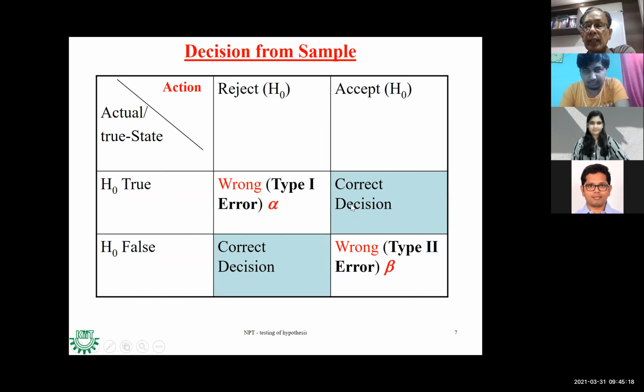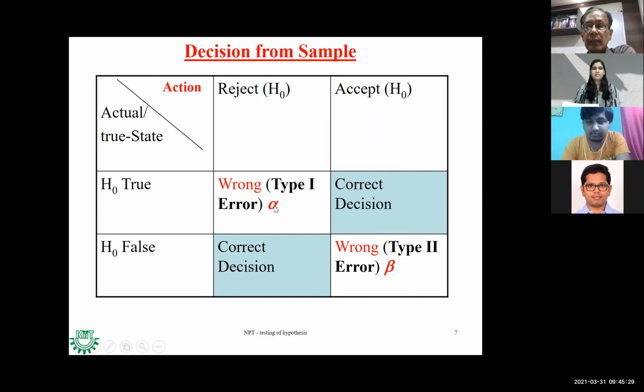Can you see this particular cell here? How do we arrive at this situation? Be quick. Jatin will be telling this first situation. If H0 is true, sample is good and population is good.